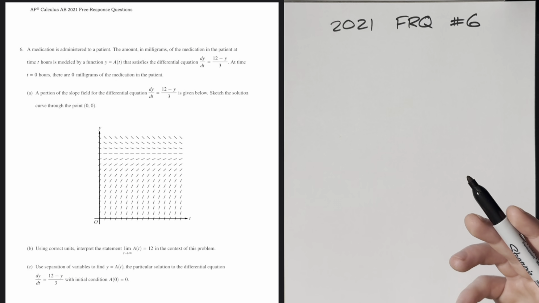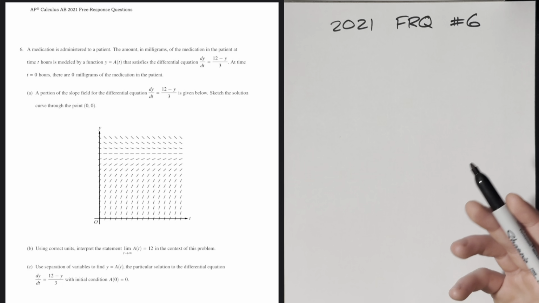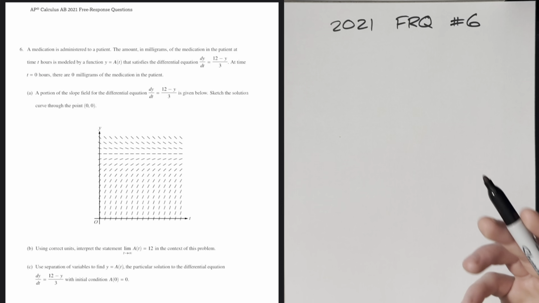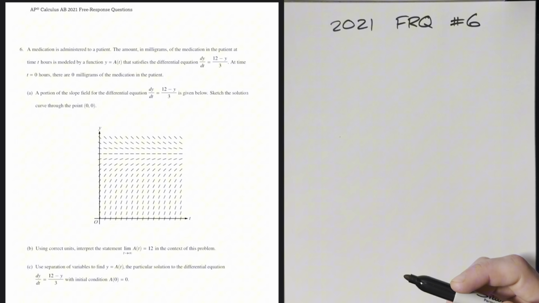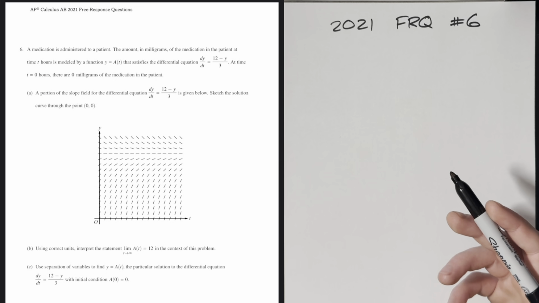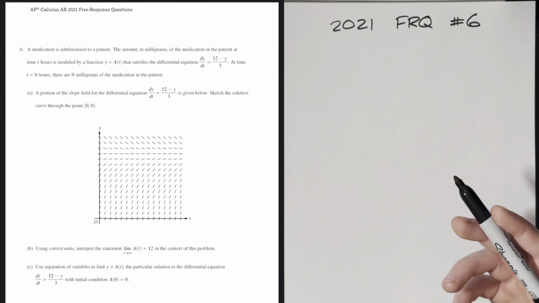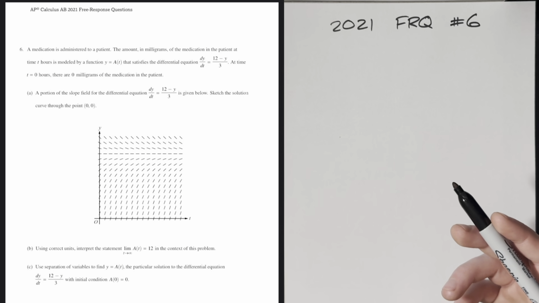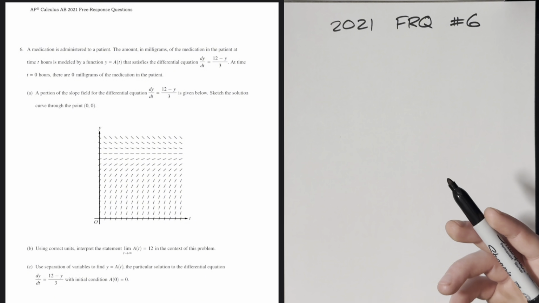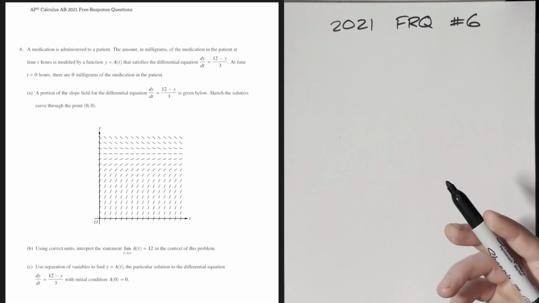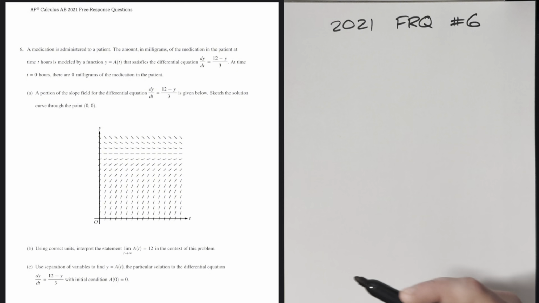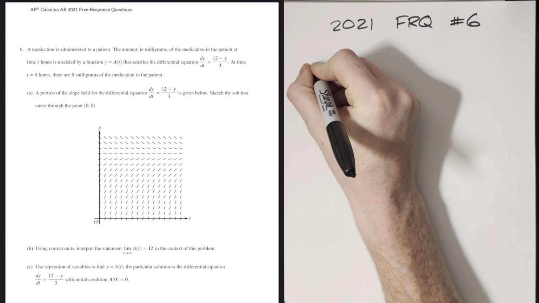At time t equals 0, there is 0 milligrams of the medication in the patient. Okay, so part A says a portion of the slope field for the differential equation dy/dt is equal to (12 minus y) divided by 3 is given below. Sketch the solution curve through the point (0, 0).